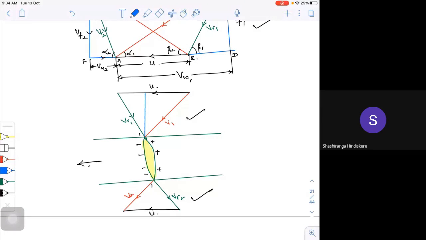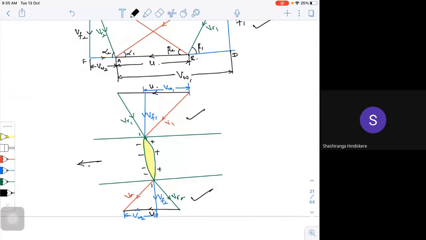This will be my VF1, this will be my VW1, then this will be my VF2, and this will be my VW2.